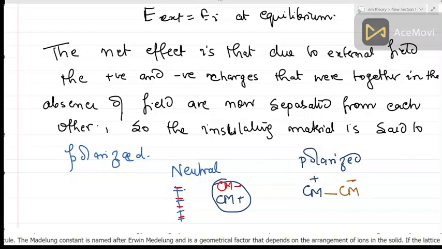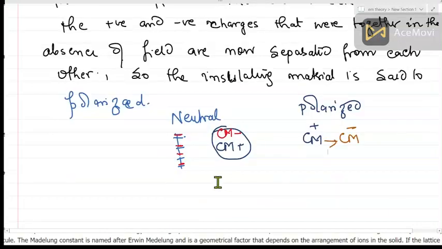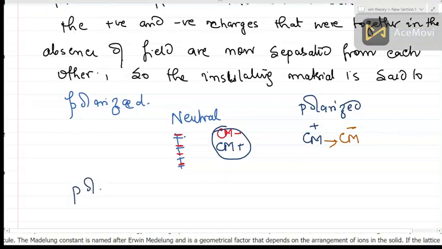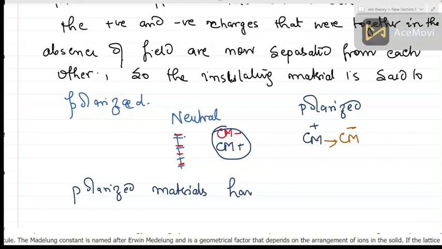Now when the material is polarized, the center of mass of the positive charge is shifted, or separate from the center of mass of the negative charge, and an attractive force is acting between them. So the external field has created a separation between the positive and negative charges, and this material is said to be polarized.